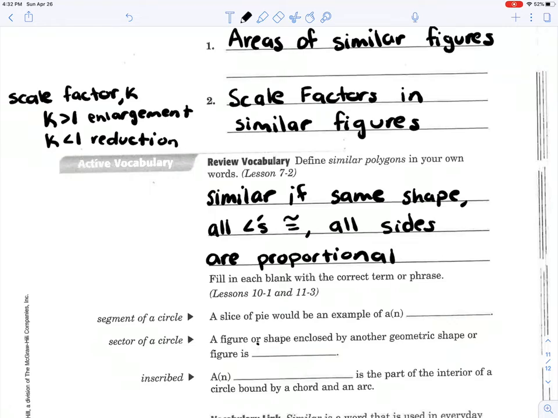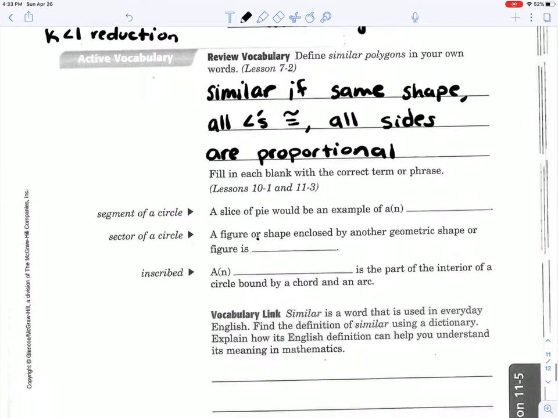And when we make those ratios of the corresponding sides, we know that they're proportional because we have similar figures, and we know the ratio of the corresponding sides gives us our scale factor, our K.